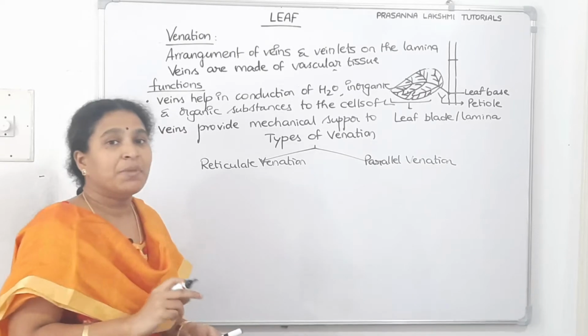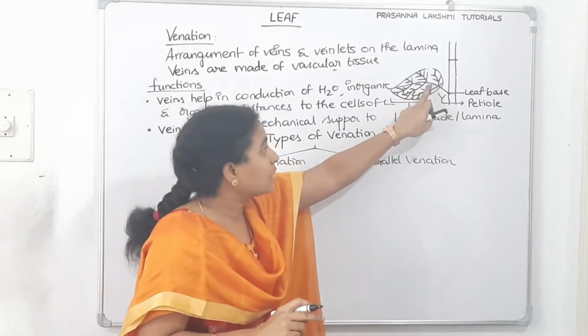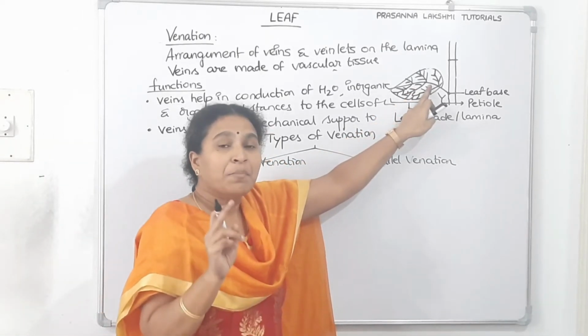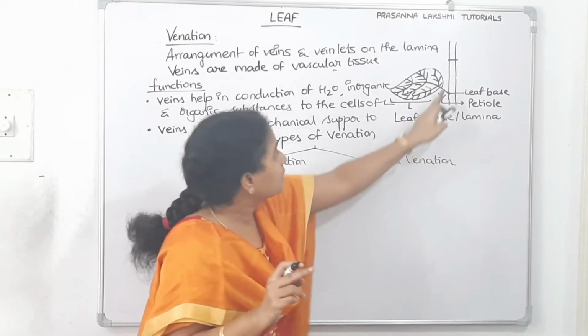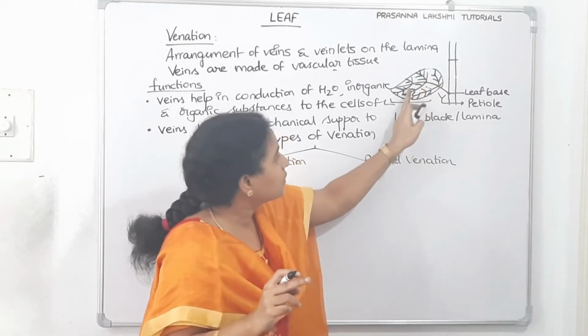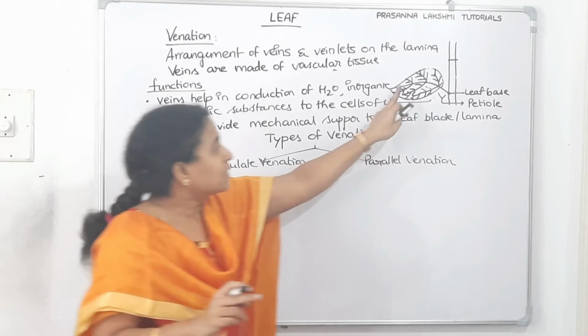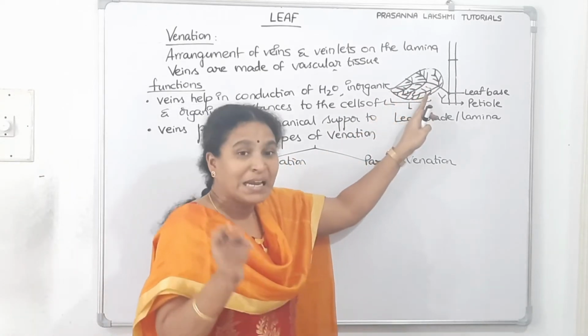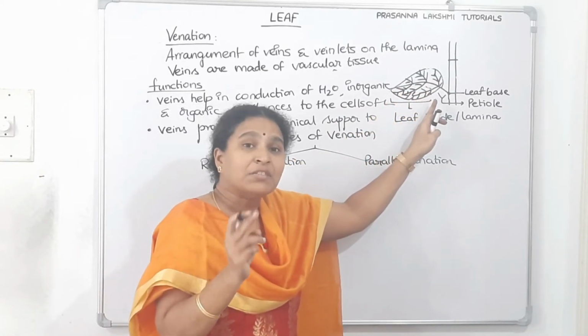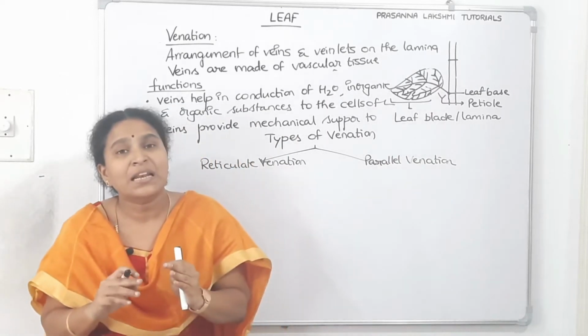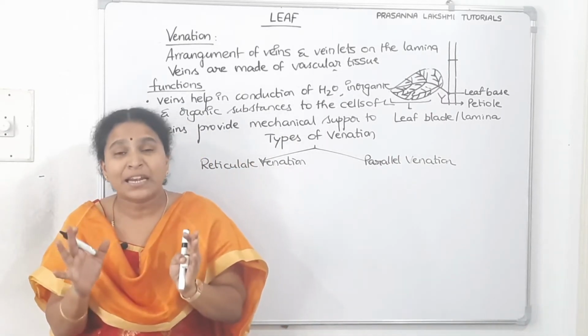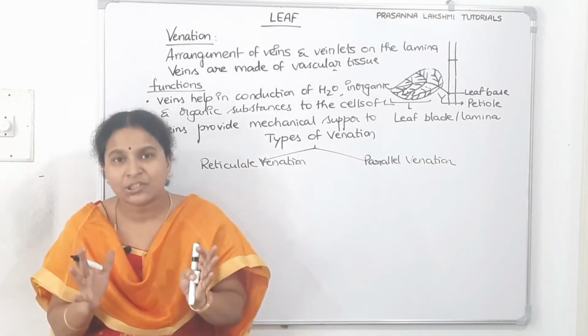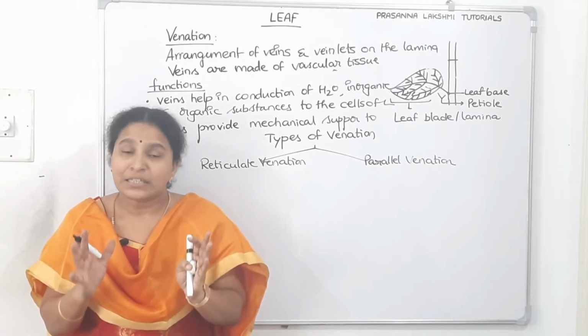Reticulate venation means, if you take the midvein, this is the midrib or the midvein. The midvein produces numerous lateral veins. These are called lateral veins, and these lateral veins will make veinlets, and these veinlets will branch repeatedly to make a reticulum-like network. Such a type of venation is called reticulate venation.